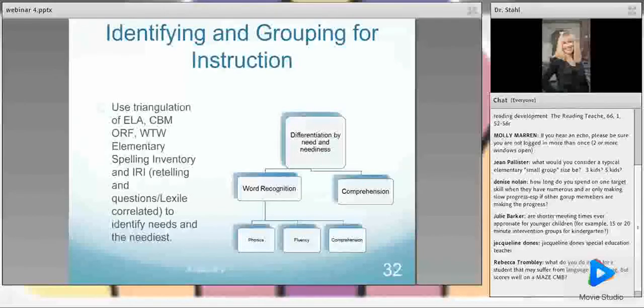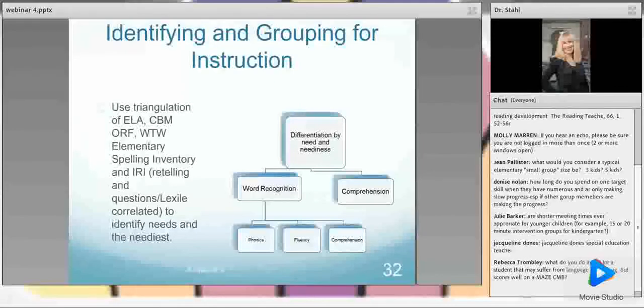You must use the Words Their Way elementary spelling inventory. You must use some kind of measure of a child's retelling, and the questions they are answering that is Lexile correlated.